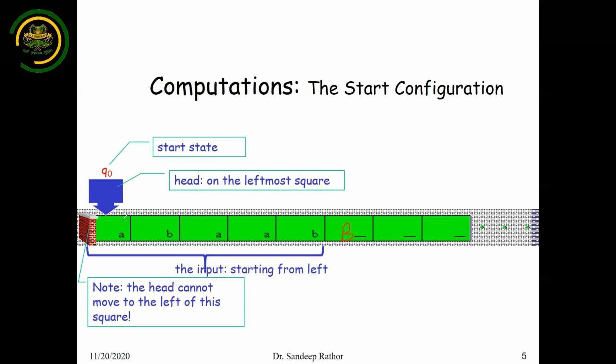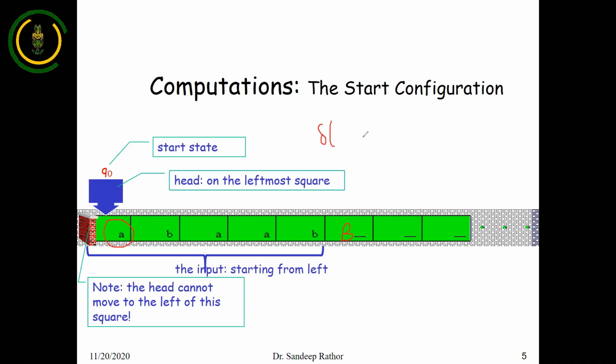It means that initially your transition should not be in such a way that after reading this particular A, your transition should move to the left side. This type of transition is not permitted initially.